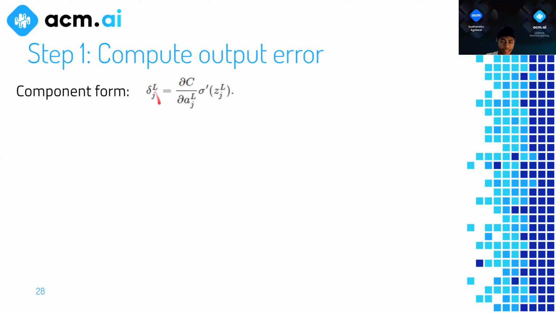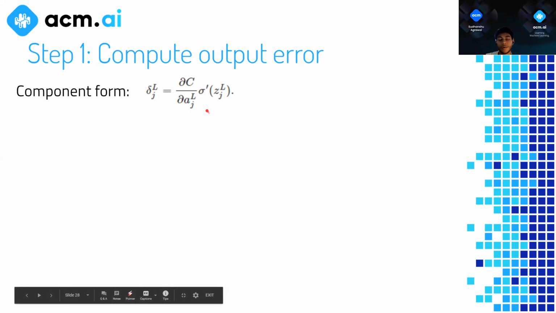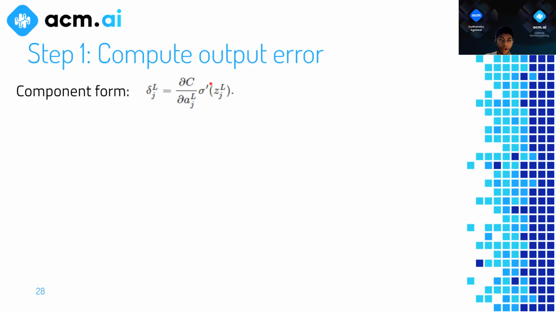So the error for the jth neuron of the last layer, so the last layer is this capital L, that error is defined to be the partial derivative of the cost with respect to the activation times sigma prime evaluated on the weighted input. So sigma prime is the derivative of whatever activation function you've chosen. So it could be tanh, ReLU, sigmoid, whatever. And that's an easy derivative to take. We can do that in high school calculus class.